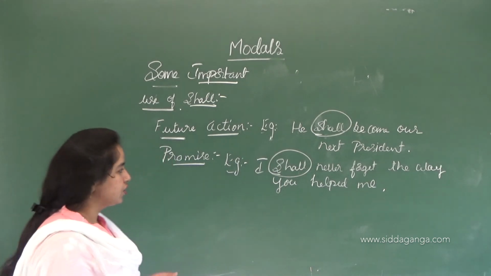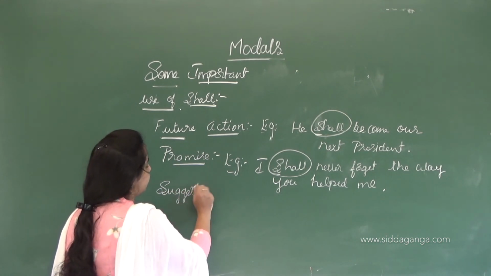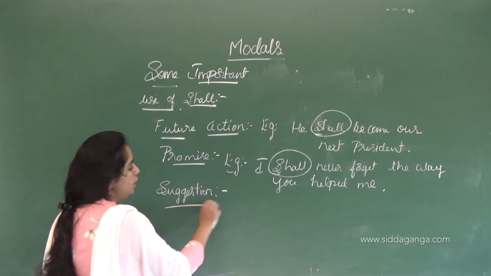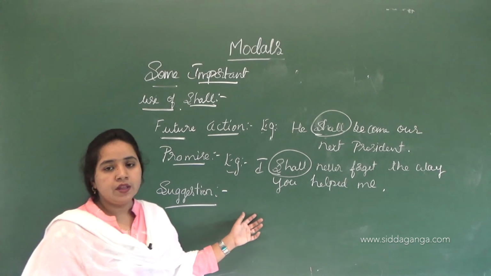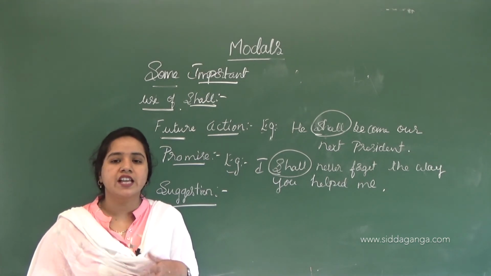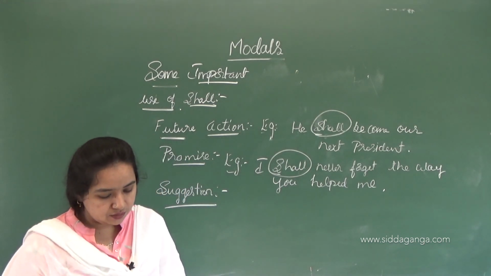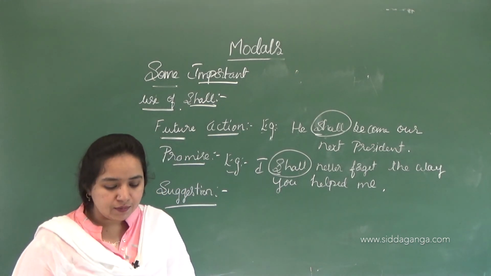Next is suggestion. If you want to give somebody a suggestion, or if you look at a sentence in this form, it means it is suggesting. That sentence expresses a suggestion. For this example, shall I come along with you?